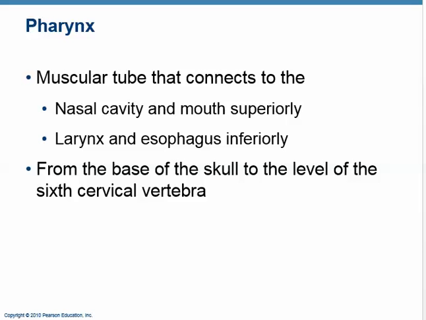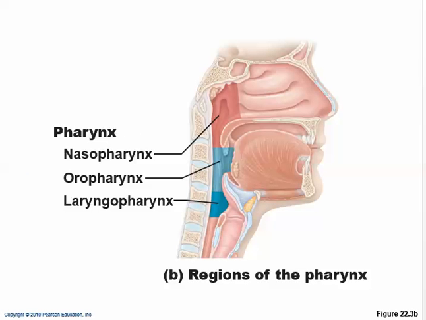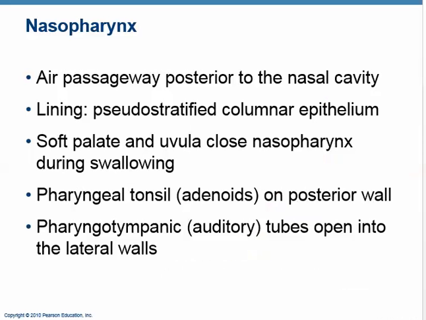The pharynx is the passageway for both air and food, which I've already just talked about. Pseudostratified columnar epithelium in the nasopharynx. There's the adenoids and the eustachian tube, the auditory tube.